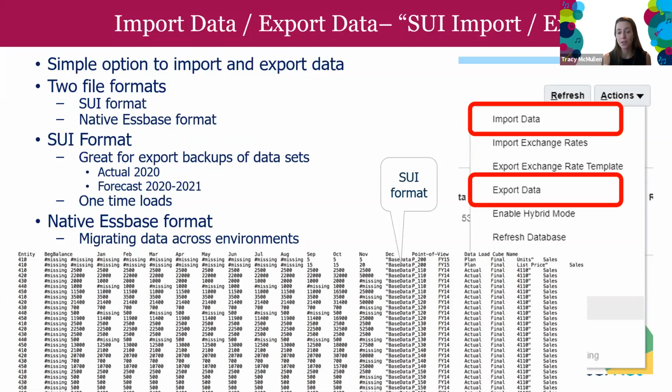All they do is come into actions, import data, pick the export they had already exported in this simplified format, re-import it, and then they're off and running. So I definitely recommend you use the import export for creating backup sets, and for your prototyping. The native Essbase format is really just helpful if you're migrating base Essbase data across environments. That's one use case of using the Essbase format.